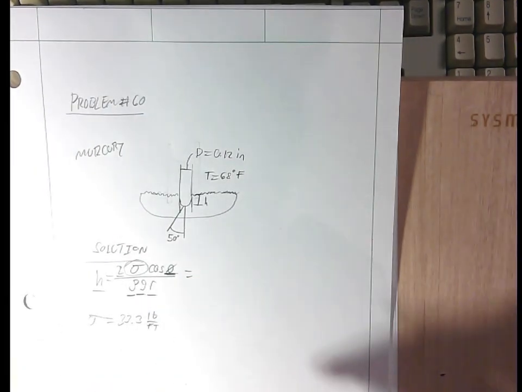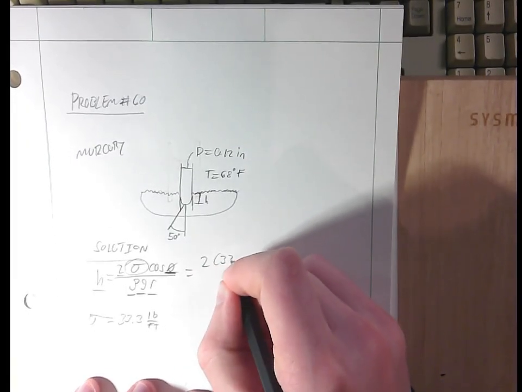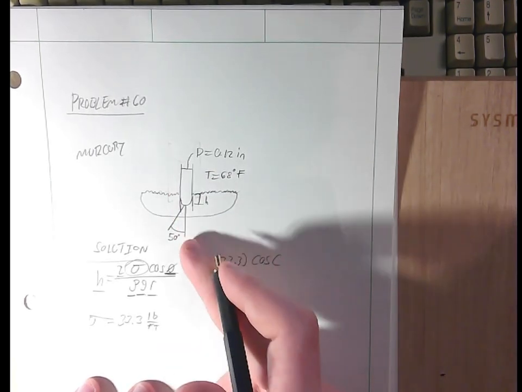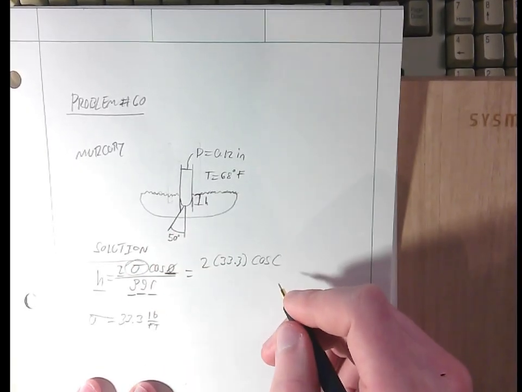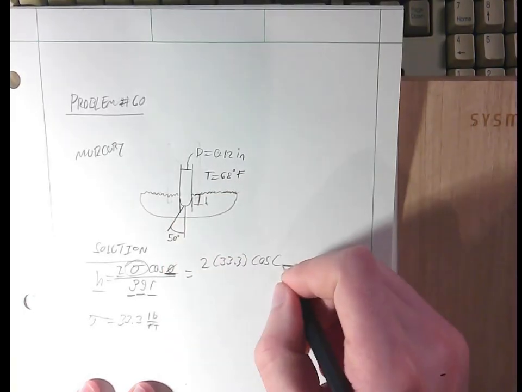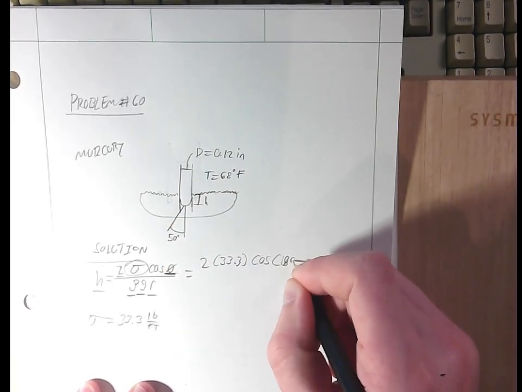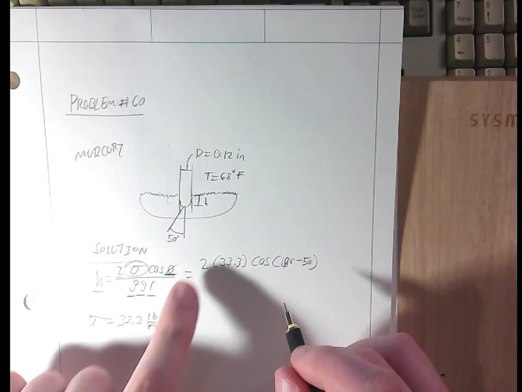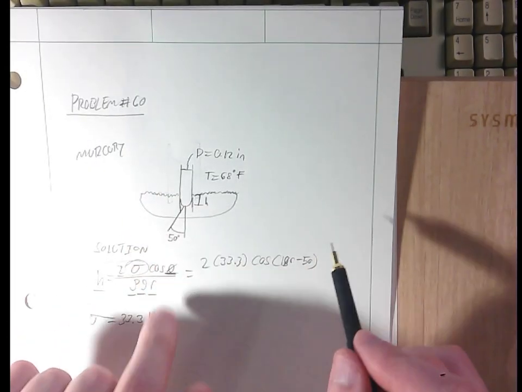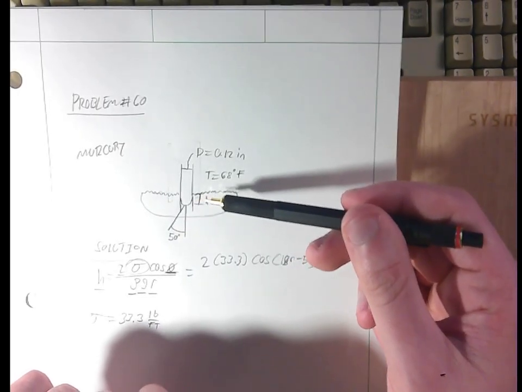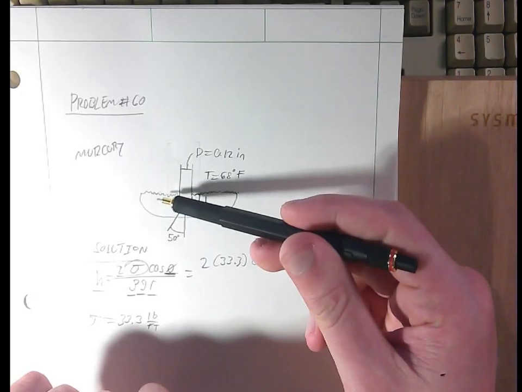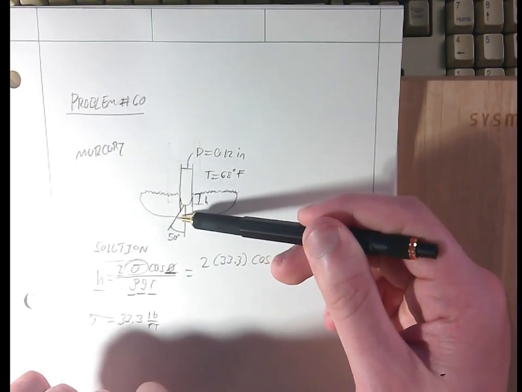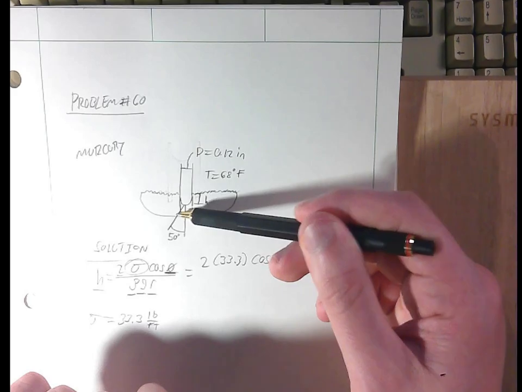So let's plug all our values in. It's going to be 2 times 33.3 cosine of, I think it is measured from here. No, it isn't. It's 180 minus 50. So if we're starting from here, subtract 50.